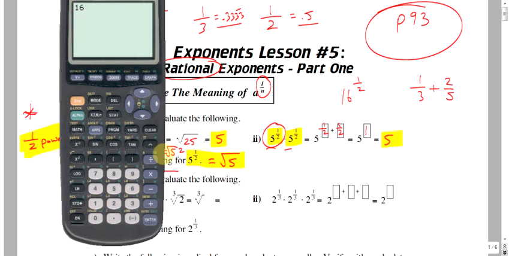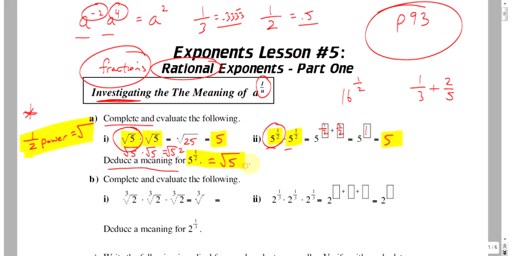What is 16 to the power of 1/2? What do you think it is? Well, I just told you, anything to the 1/2 power means square root. What's the square root of 16? It is 4.